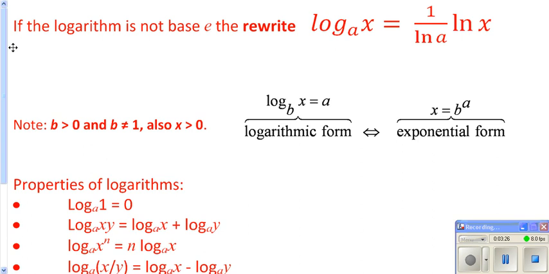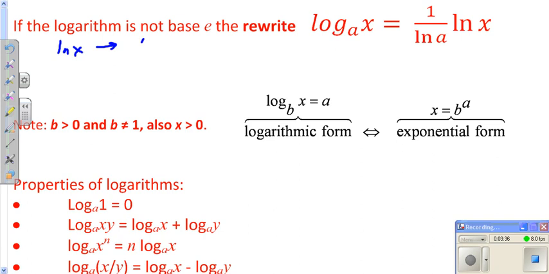Well, to refresh your memory on logarithms, we know how to take the derivative of a natural log. You know that the derivative of the natural log of x is just 1 over x. But if you're not given a natural log, and say you were given the log base 2 of x and have to take the derivative, all you'd have to do is use your change of base formula.